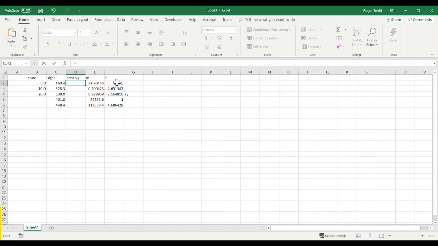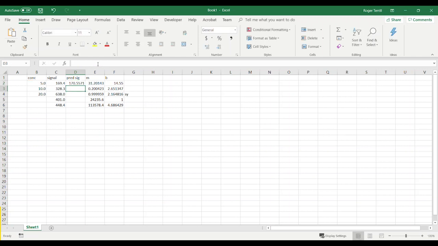And this is going to be equal to m times x plus b, right? That's how that works. And on the m value, let's hit F4, and on the b value, let's hit F4.